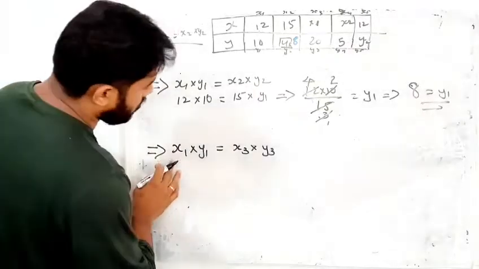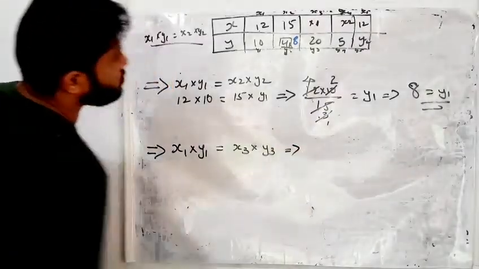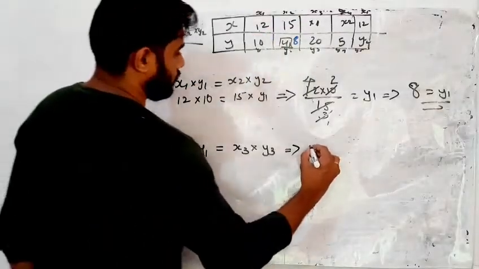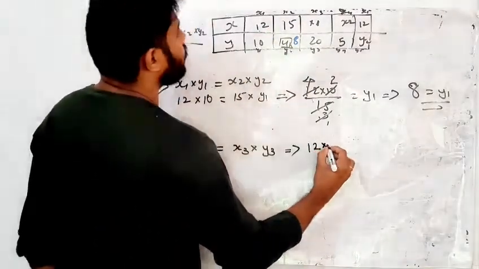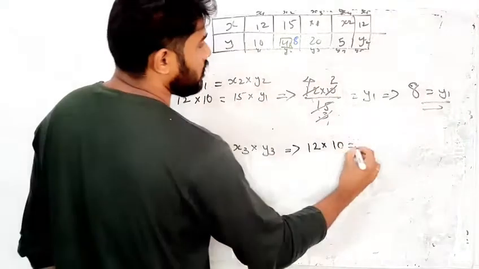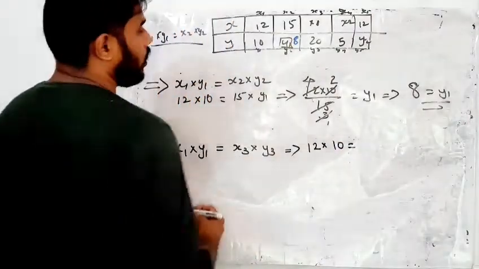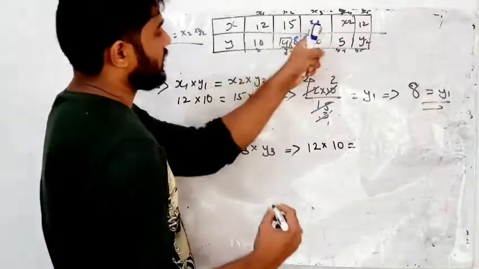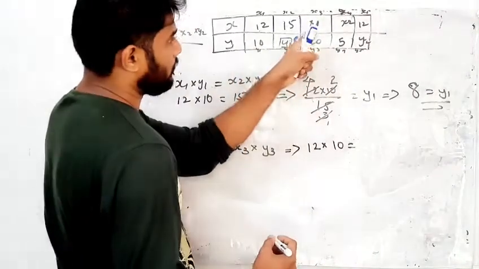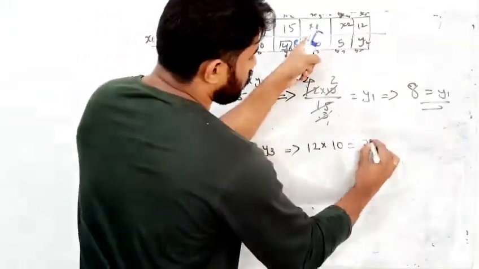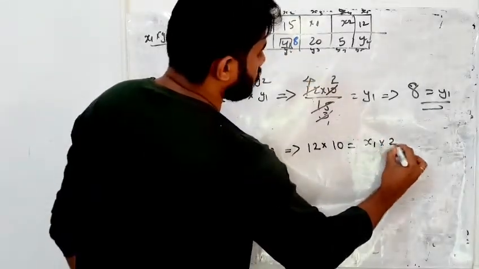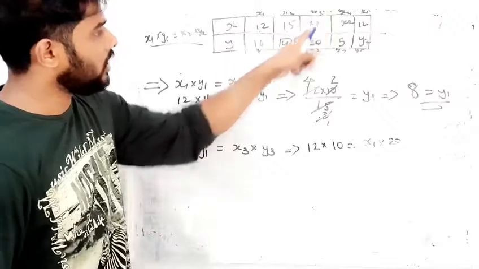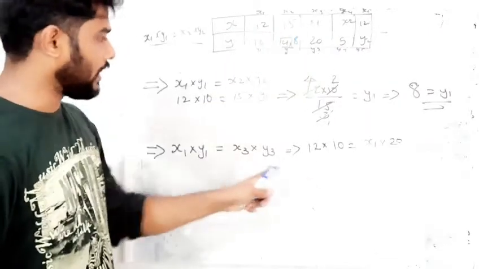The value of x1 here is 12. 12 into 10 is equal to x3 into 20. Understood? So we are giving the values here.